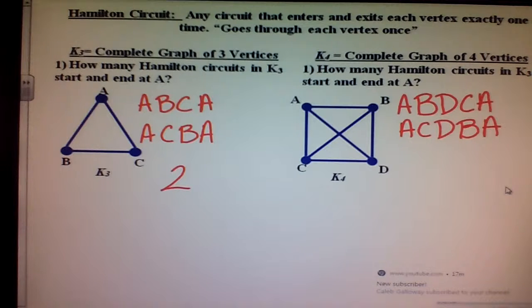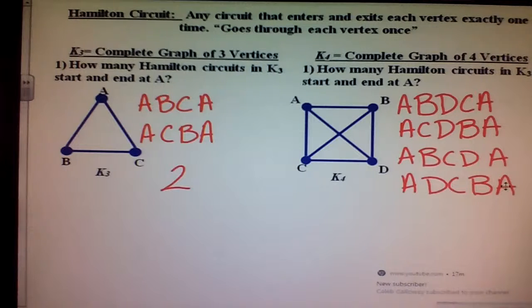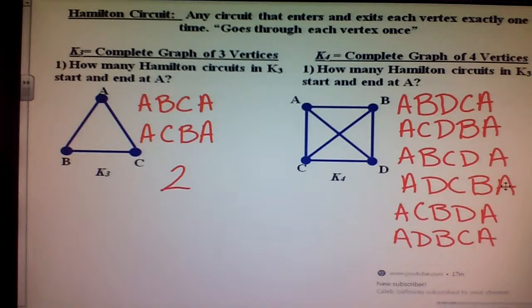A, B, C, D, A. Go reverse. A, D, C, B, A. That's it. A, C, B, D, A. Isn't there a reverse for that? And A, D, B, C, A. So there are a total of 6.